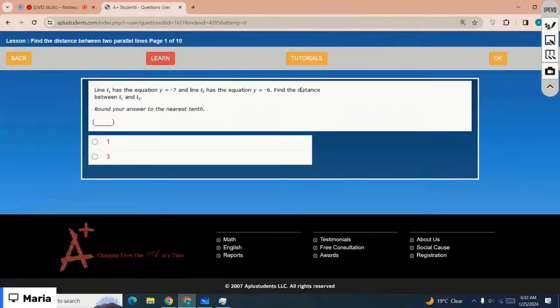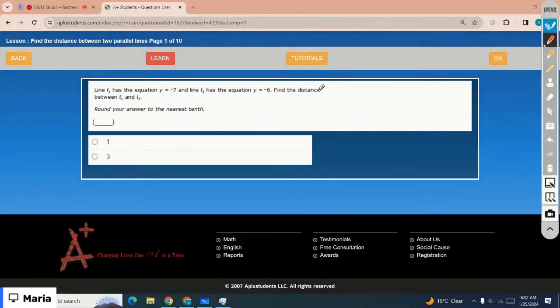Line L1 has the equation y equals negative 7 and line L2 has the equation y equals negative 6. Find the distance between L1 and L2, right? L1 is negative 7 and L2 is negative 6.